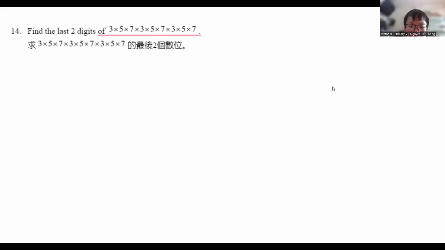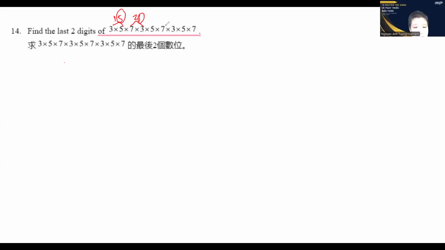So first, I take 3 multiplied with 5, and the last digit is 5. Then I multiply with 7, multiply with 3, and I have a last digit of 1.